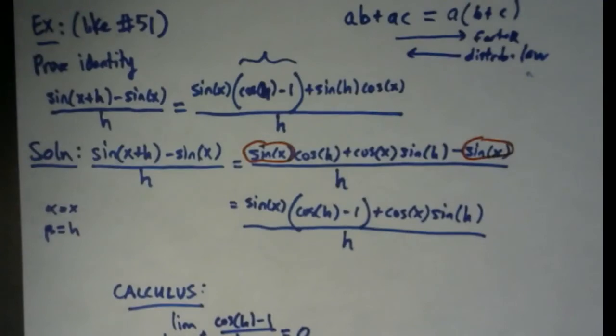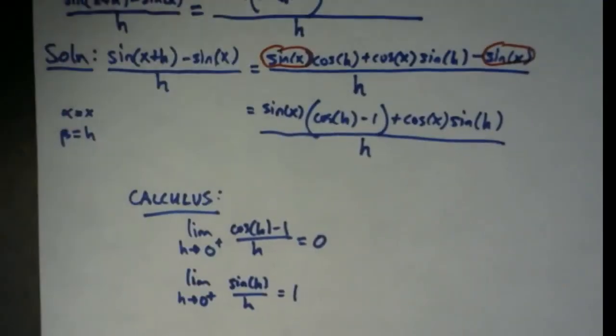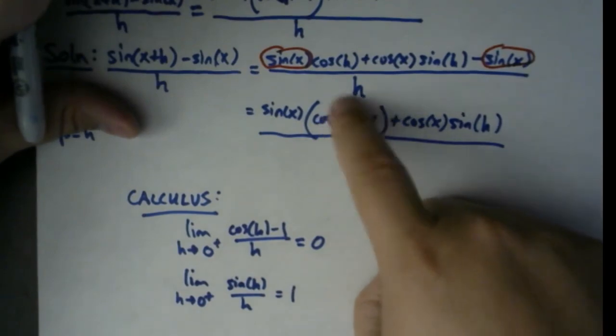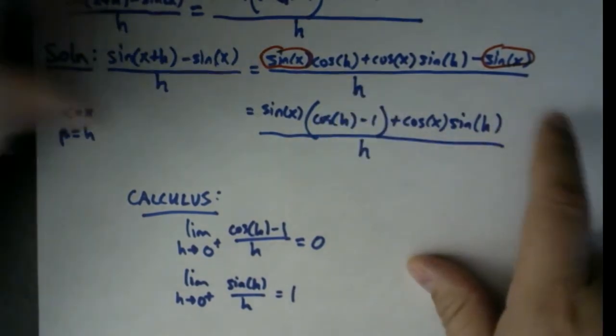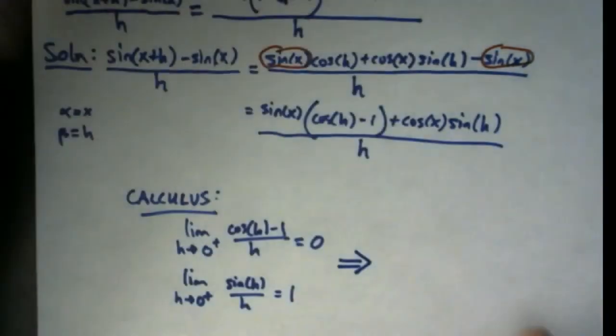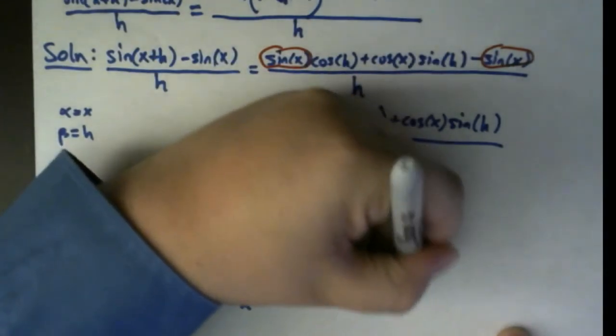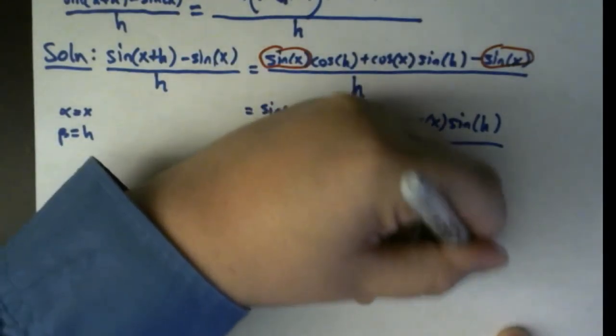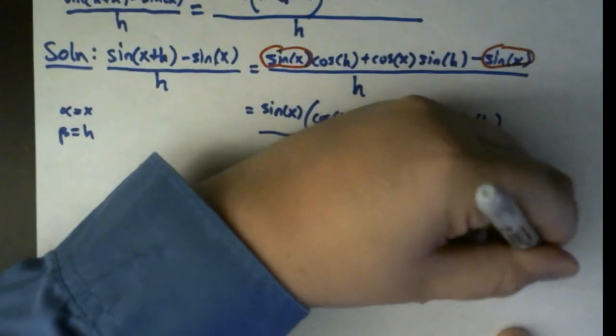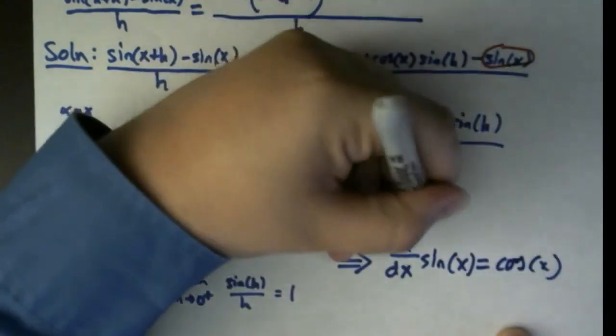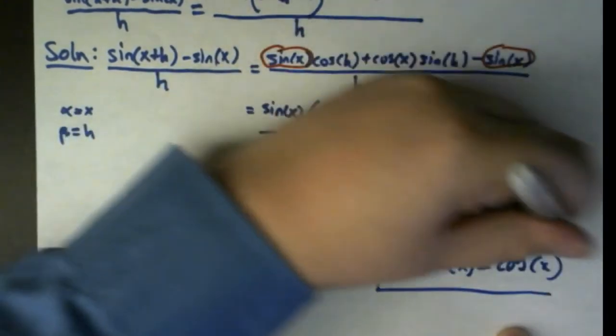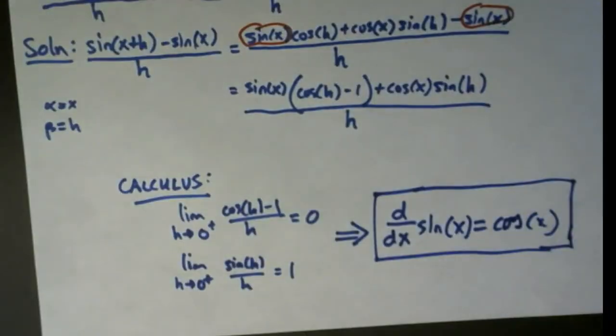So when you do this, what I call a process for where you get a 0 over 0, this one will turn into a 0, and this one will turn into a 1, and you'll be left with what's called the derivative of the sine function, and this will be the cosine function. And that's one of the great formulas of elementary calculus.